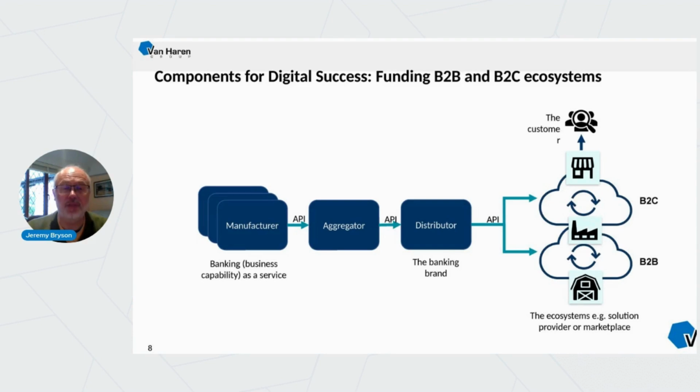Ecosystems. So ecosystems are developing at the moment. We have 2 fundamental types, business to customer and business to business. But in that, the bank can have one or more of these 3 roles that we see on the left-hand side. They can be a manufacturer of the product, they can aggregate products together, and they can act as the distributor, and typically the distributor will own the customer relationship.